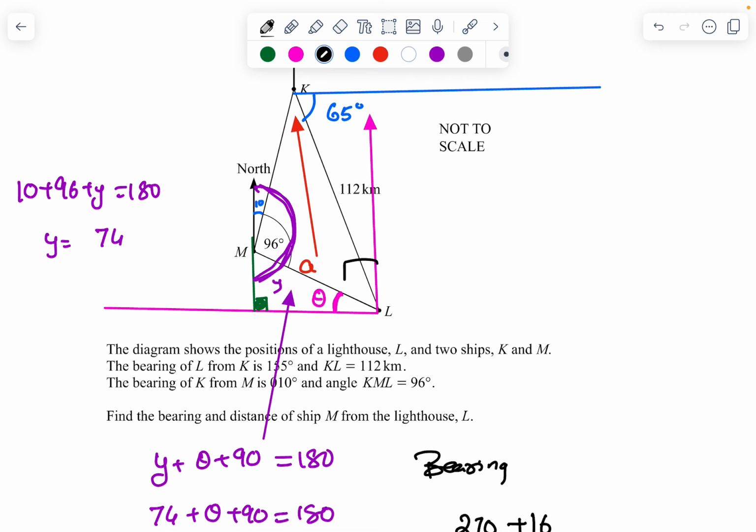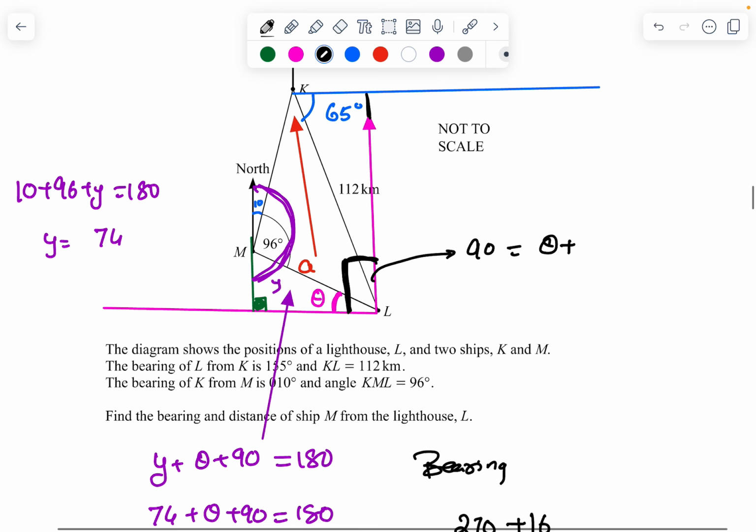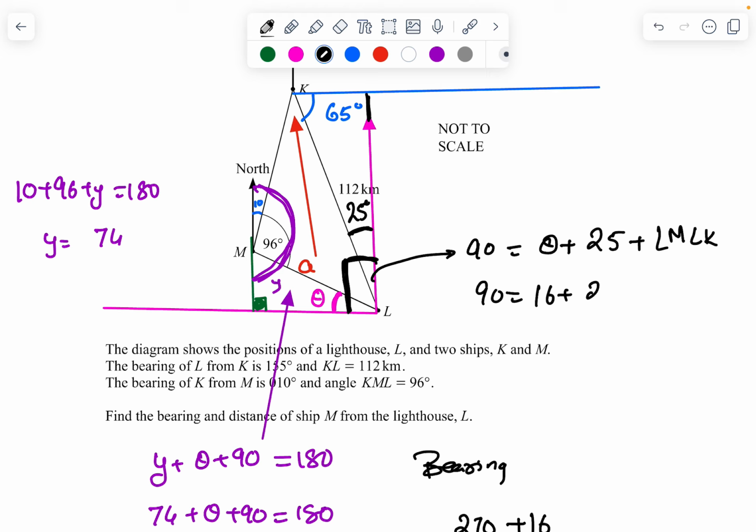We know that this entire angle is 90 degrees. That entire angle is 90 degrees. It is made up of theta plus, if I join over here, this angle is 25 degrees. Theta plus 25 plus maybe angle MLK. So 90 equals, theta was nothing but 16 degrees, plus 25 plus angle MLK.